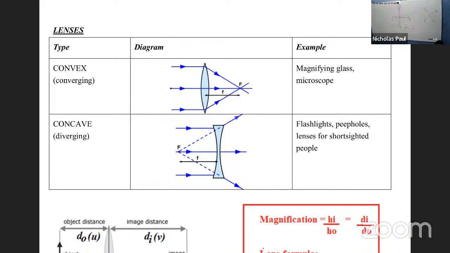What we're doing today in class, we're going to learn about images. I'm going to give you an object, how to obtain an image, and how to define and explain the image.